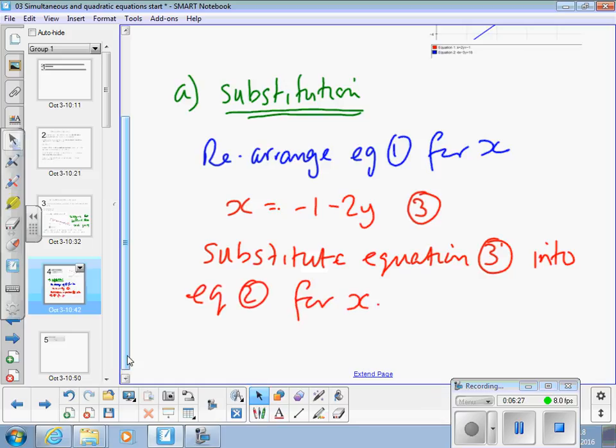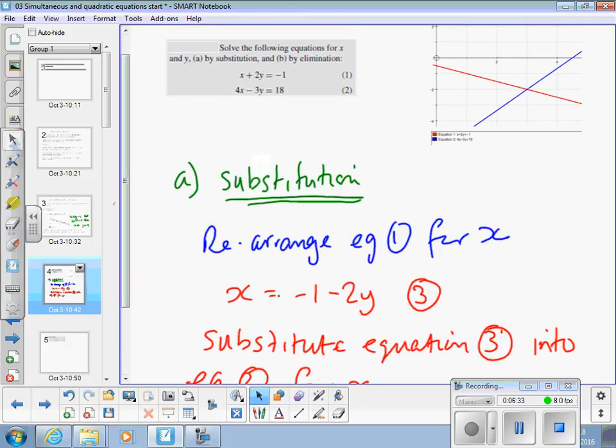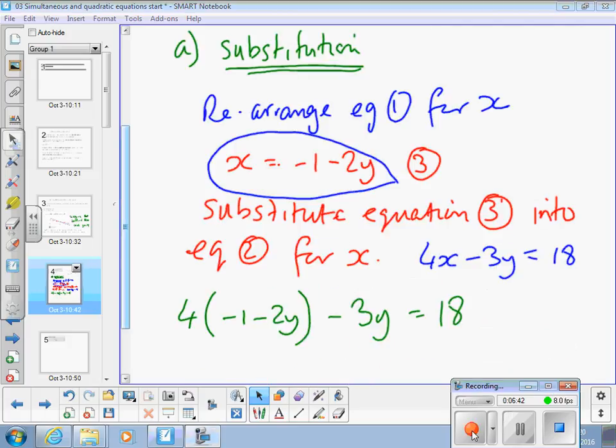So wherever we see x in equation 2, we write minus 1 minus 2y. So having substituted x equals minus 1 minus 2y into equation 2, we end up with that equation, which we'll call equation 4.